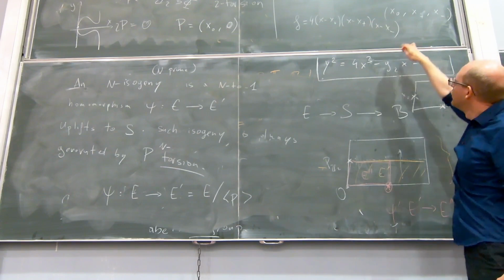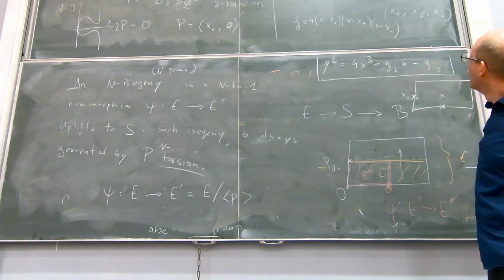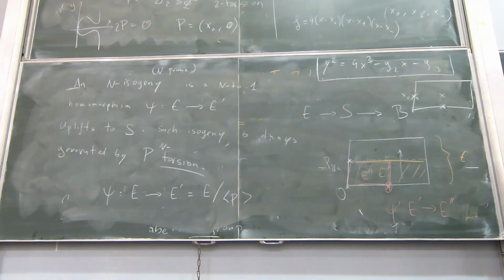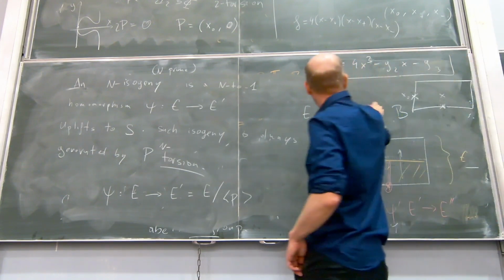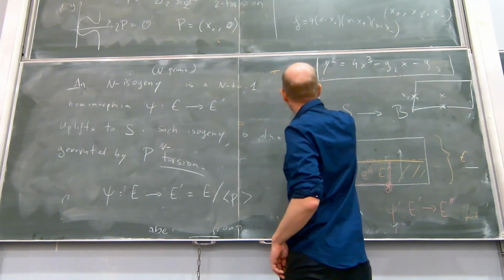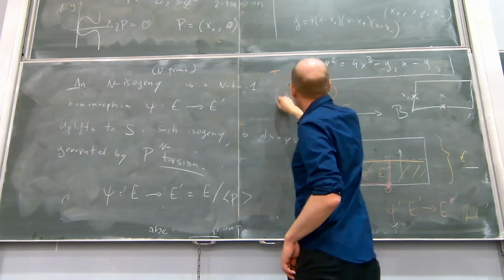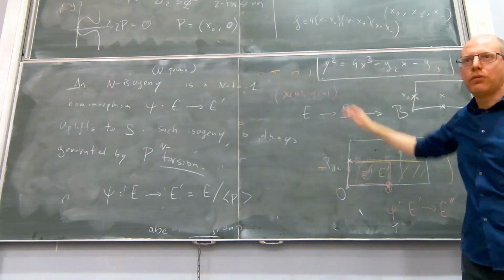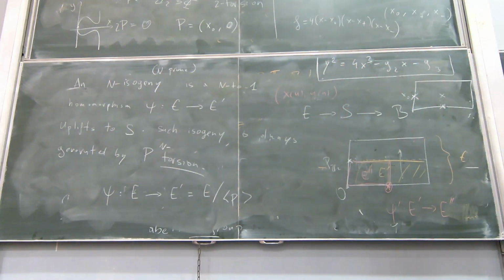Yes. Over C of U? Over C of U, yes. So that's what I mean by having a rational section. It's the solution x of u, y of u of this equation, where the x and y are rational functions.